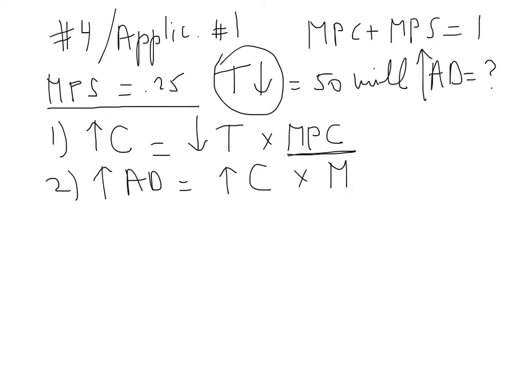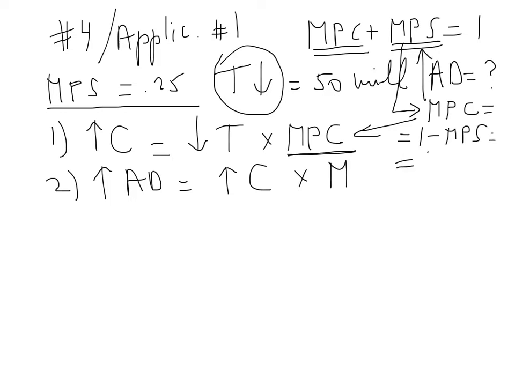What does it mean? Marginal propensity to consume, how much I consume plus how much I save, has to be 1. The money I make, I either consume or I save. So using this formula here, we can figure out that marginal propensity to consume, the one we need over here, is going to be 1 minus MPS, so 1 minus 0.25 given in the problem, so my MPC is 0.75.